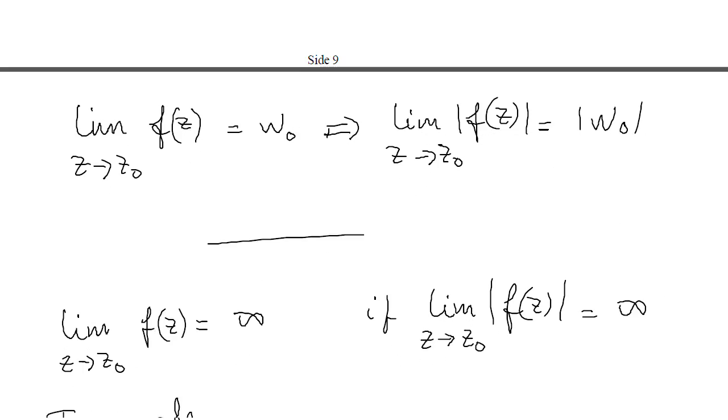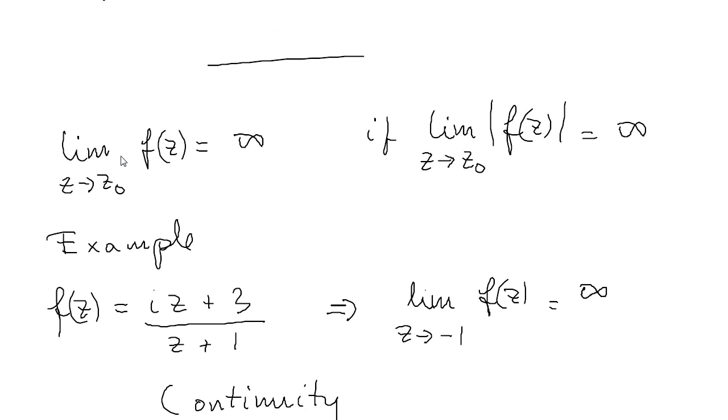We turn now to a definition. We say that the limit of f of z when z approaches z0 is equal to infinity if the limit of the absolute value of f of z is equal to infinity. An example of this is the following.